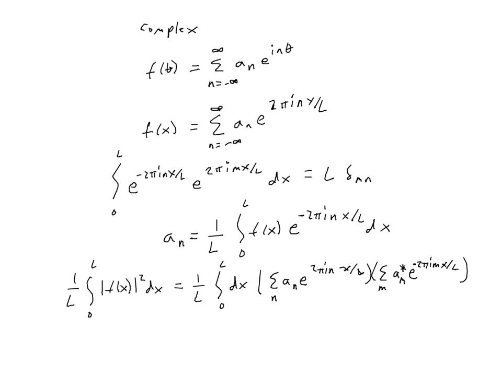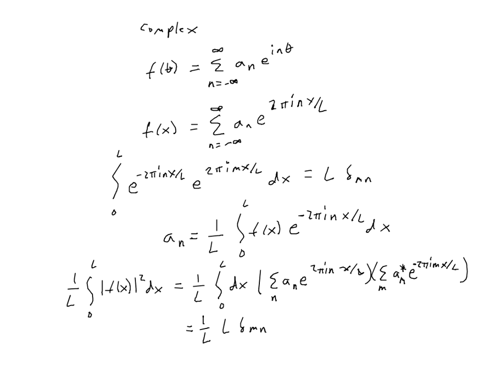Then what happens is, when you do this, you're going to end up with your delta function here, because you're going to be integrating the exponential terms like I had up here. And so you're going to end up with the 1 over L. From the integral, you're going to end up with L delta mn.